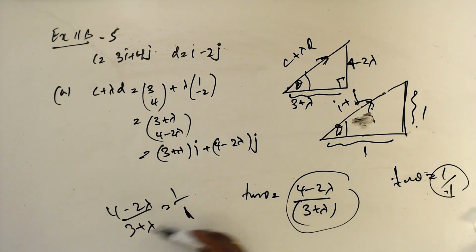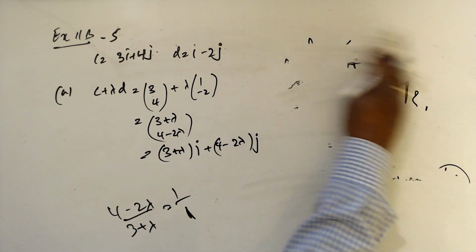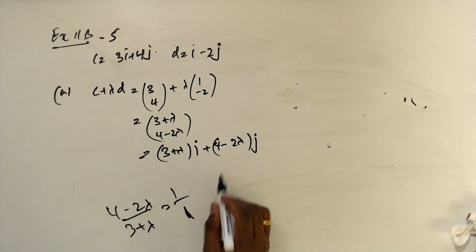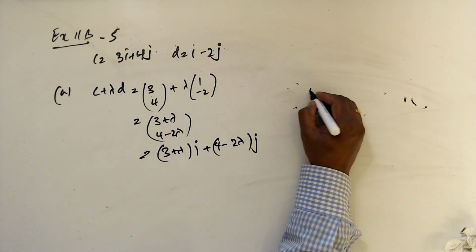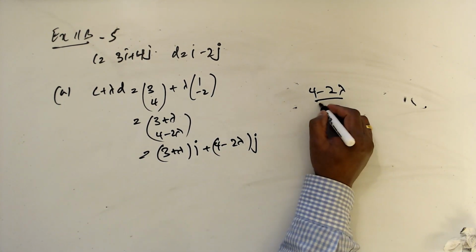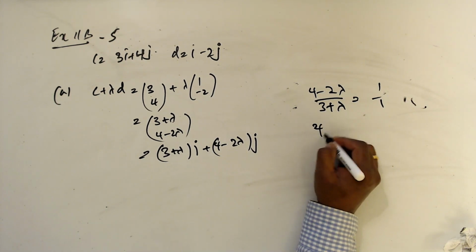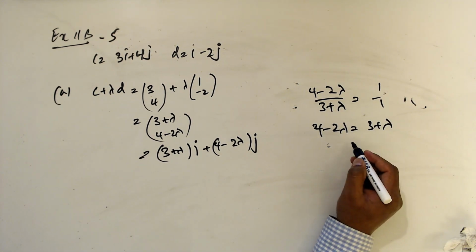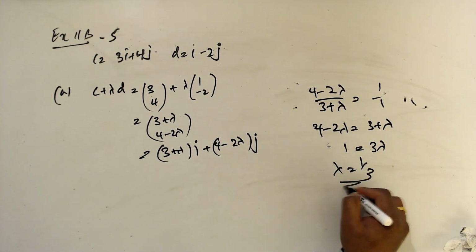So 4 minus 2 lambda divided by 3 plus lambda equals 1 over 1, which is 1. 4 minus 2 lambda equals 3 plus lambda. 3 lambda equals 1, lambda equals 1 over 3.